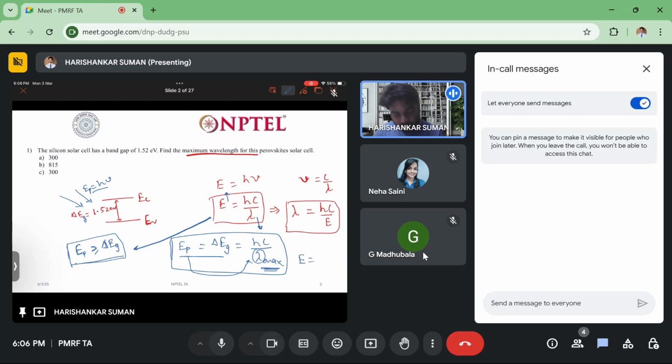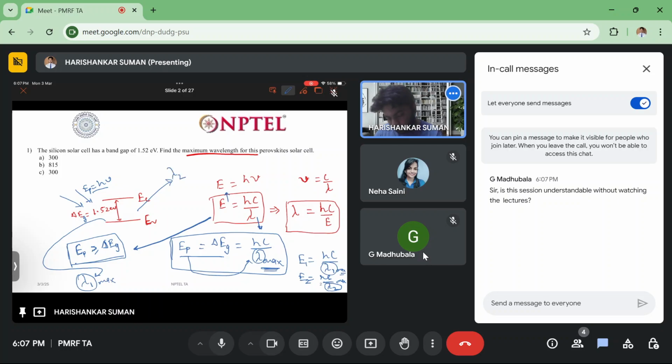Let's say we have two lambdas, lambda 1 and lambda 2, with energies E1 and E2. Lambda 1 corresponds to the band gap, the maximum, and lambda 2 is larger and has lower energy than the band gap.